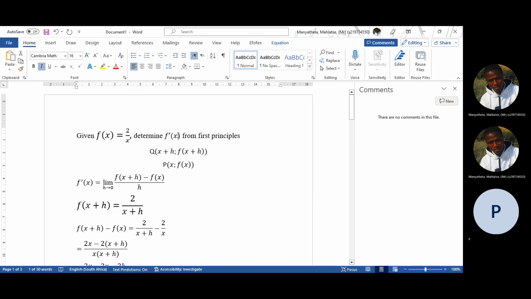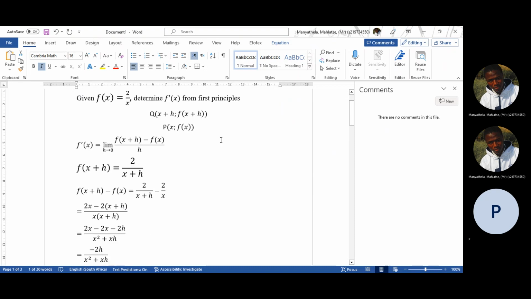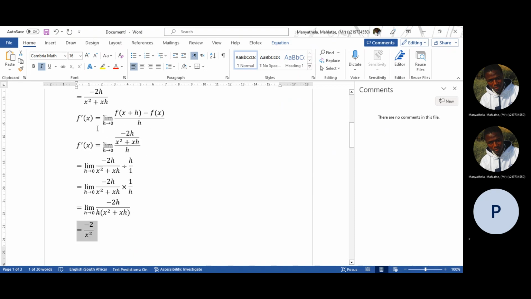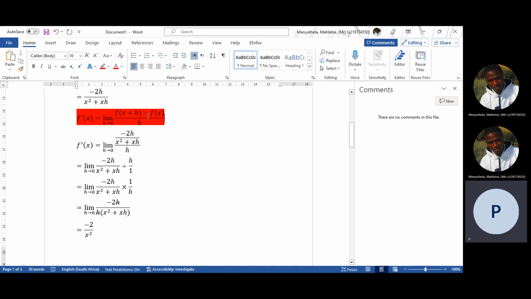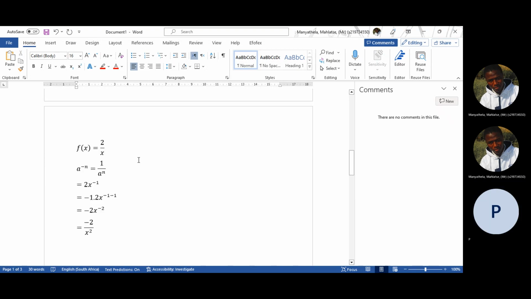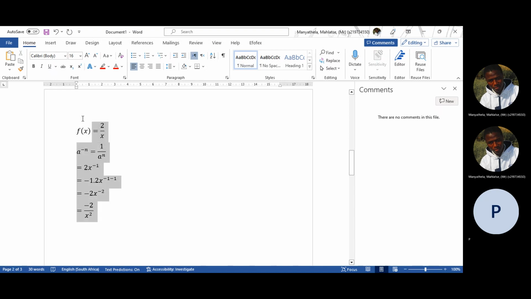For as long as they're saying determine from first principles, the derivative from first principles, you're going to utilize this method or this formula. It should be done in this way. Unless they're saying use rules. If they're saying use rules, then it's fine. You can just use the rules and get straight to the answer.